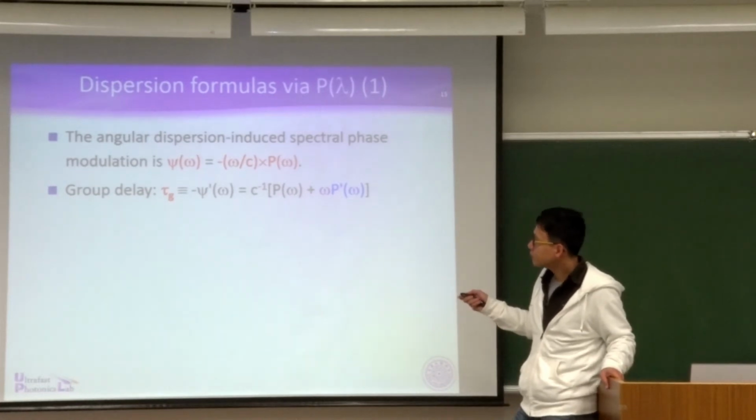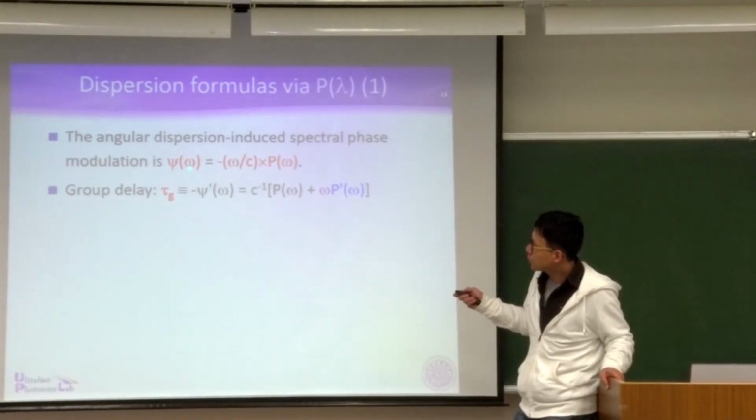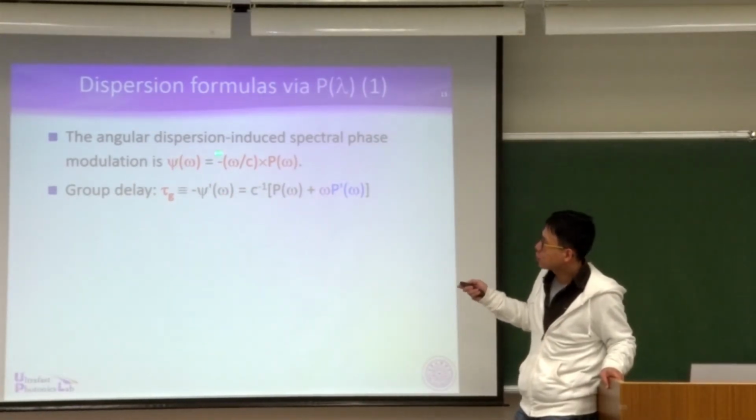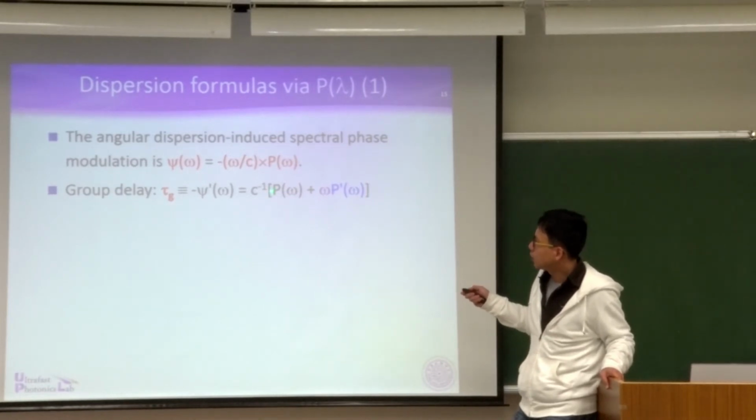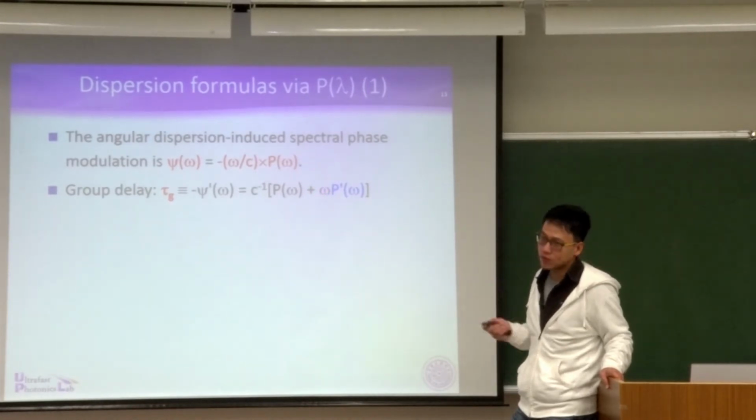If you use this formula shown here, you can get the group delay formula: 1 over c, a constant, times path length plus angular frequency times path length derivative.